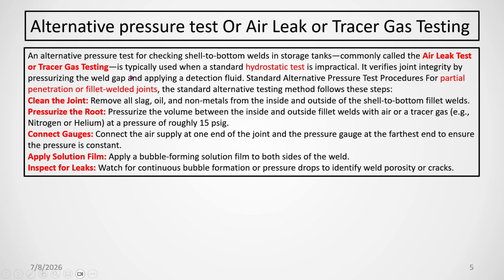The pressure gas test is typically used when a standard hydraulic test is impractical. A hydraulic test of a tank may not be possible because a huge amount of water is required.